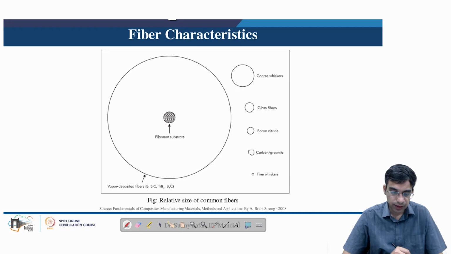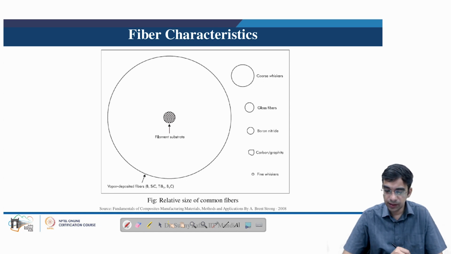For example, the vapor deposition fibers such as boron or silicon carbide. These are often deposited on some substrate like tungsten using the process of vapor deposition, be it chemical or physical vapor deposition.